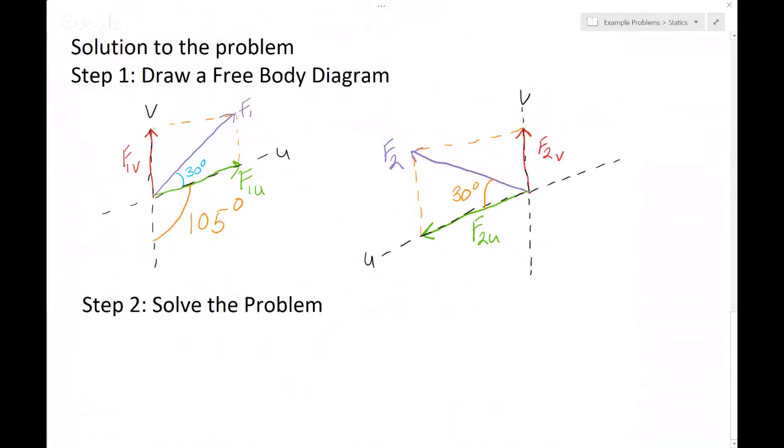And then we know from just using our mathematical intuition that we have a 105-degree angle here underneath there. The U axis is set 105 degrees from the V axis. And so once we have all of this information, we can begin on a solution.